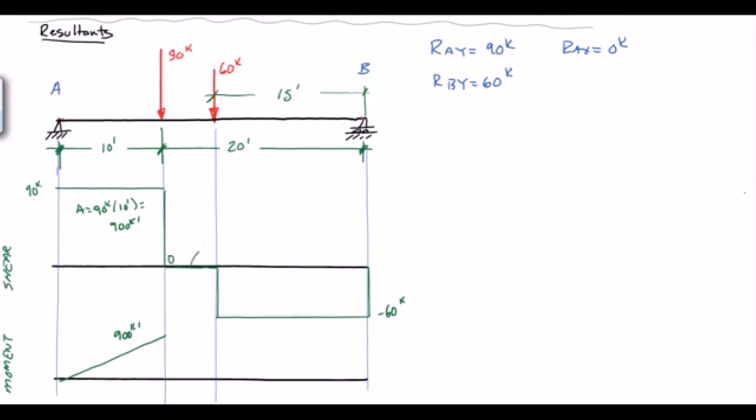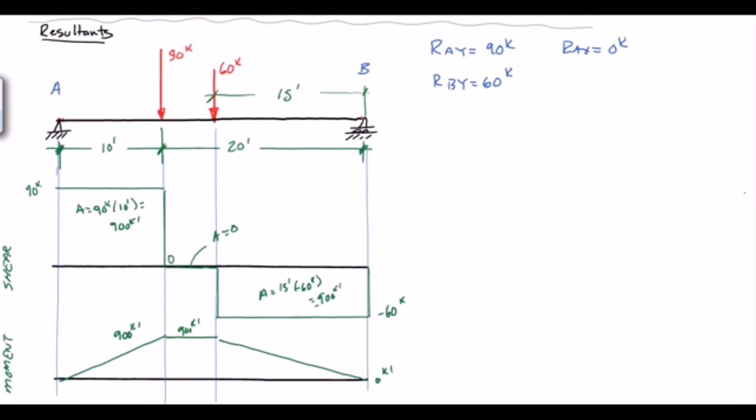Because the area here is 0, the change in moment is 0, so we stay at 900. And the area here is 15 feet times 60 kips, and it's a minus 60 kips, so it's a minus 900 kip feet. So then we drop back down to 0.